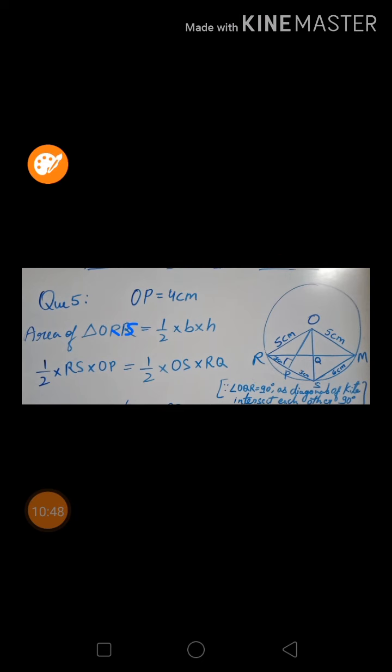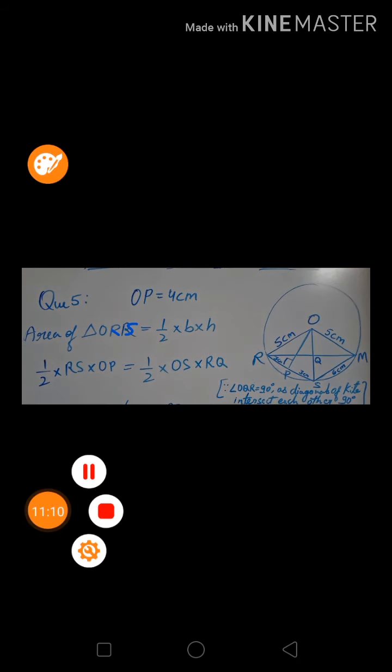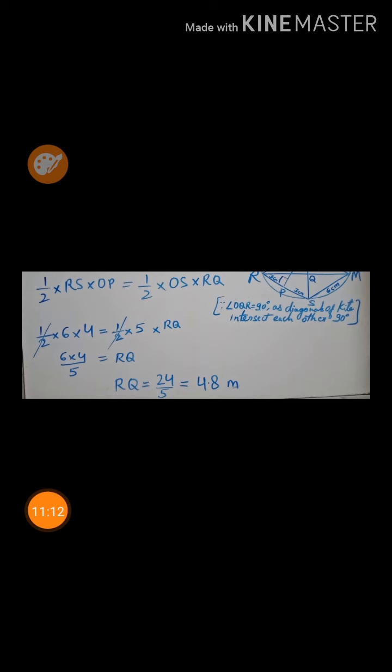So first we are finding the area in both ways. RS as base and OP as perpendicular, perpendicular means height, and now we are taking OS as base and height as RQ. In this way, now we will put the values.